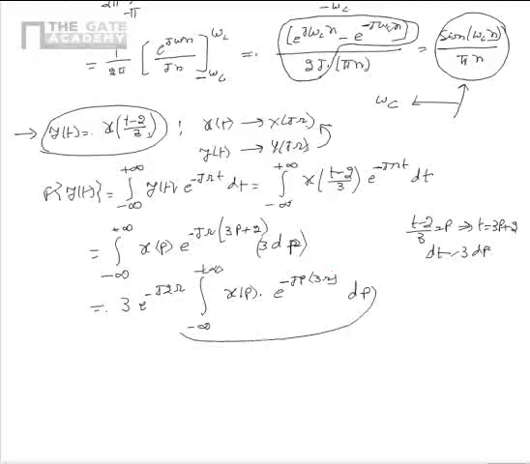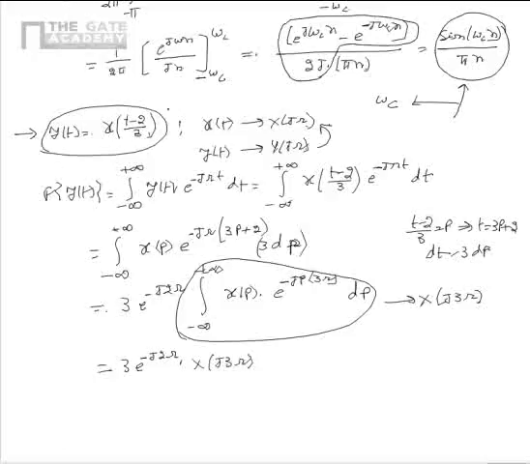We know that the quantity marked, that is integral minus infinity to plus infinity x of p e power minus jp 3 omega dp, is equal to x of j3 omega. So we can write the Fourier transform of y of t as 3 into e power minus j2 omega multiplied by x of j3 omega.